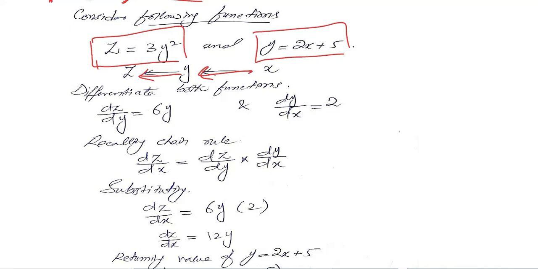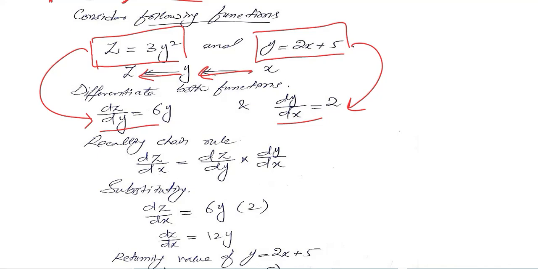So the method of doing this kind of situation of functions is that we take the derivative of the two functions separately. As you can see, this function is differentiated with respect to y, and this function is differentiated with respect to x, as the differentiation is done with respect to the independent variables respectively.